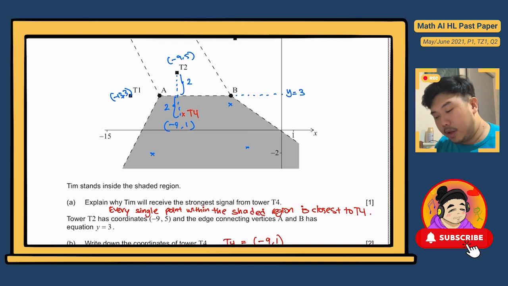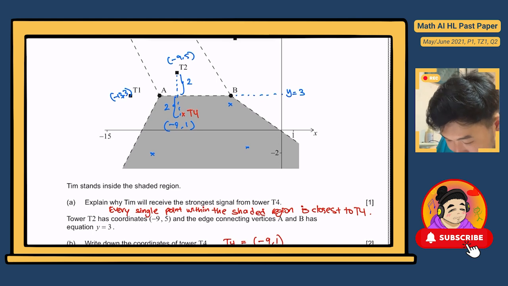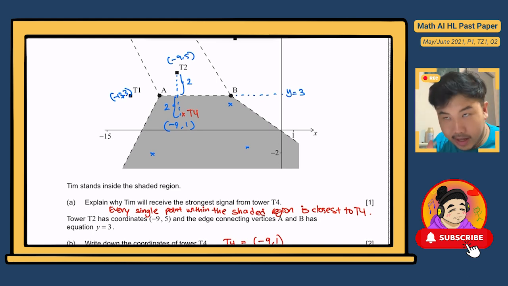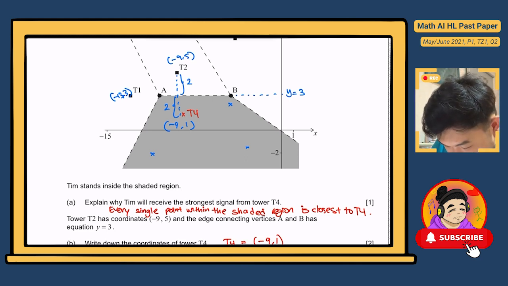There is another thing that we should be able to spot, which is the fact that every pair of points within a Voronoi diagram can be represented as an isosceles triangle.